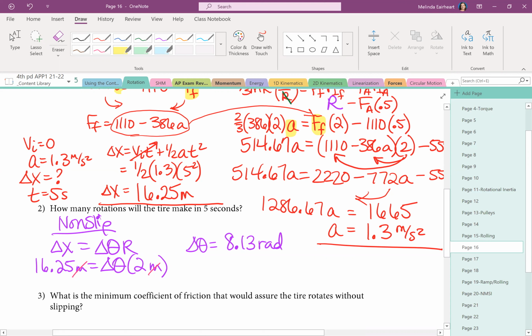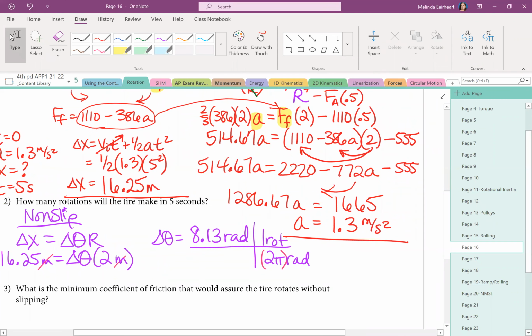And so final step, what do we got to do to find how many turns that tire makes? Yeah. 1 rotation has 2 pi radians. And just a reminder, this is where you either use parentheses around 2 pi, or you take that number and then divide it by 6.28.